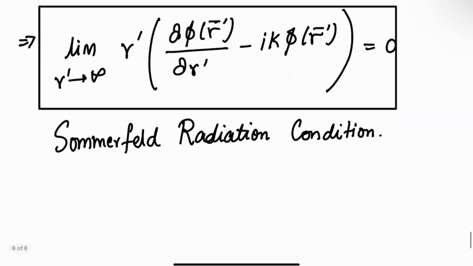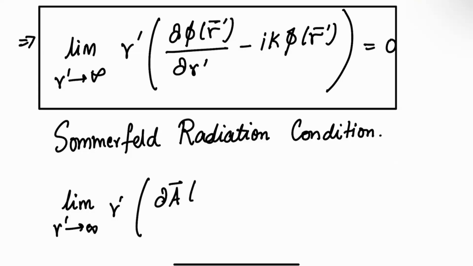Similarly, you can do this for the magnetic vector potential, the magnetic scalar potential and the electric vector potential as well. I'll just write it for the magnetic vector potential case, as r' goes to infinity, because they all satisfy wave equations.